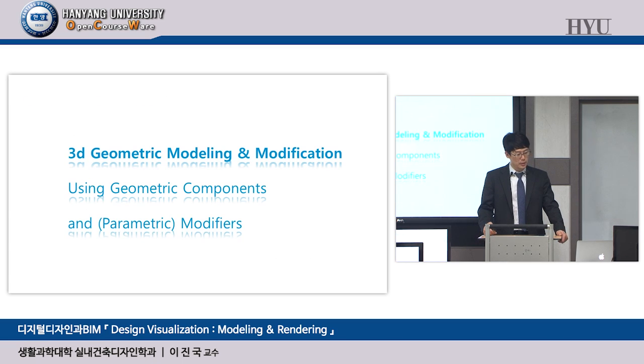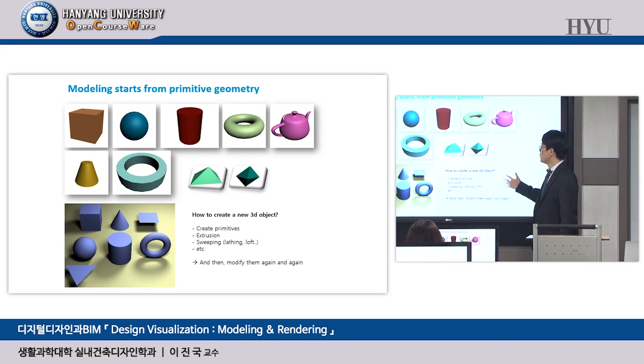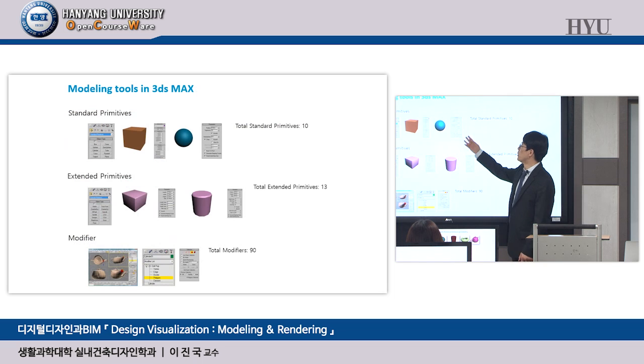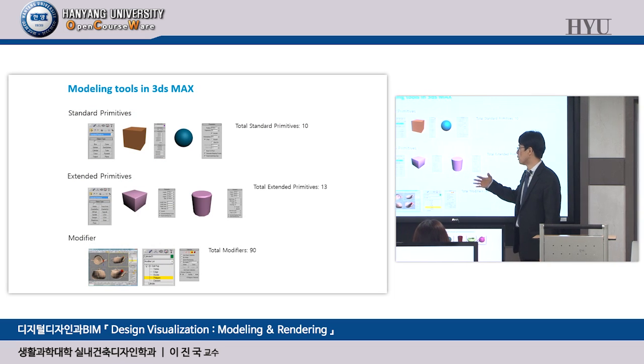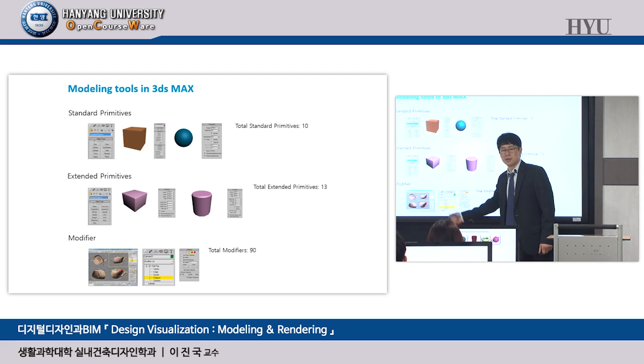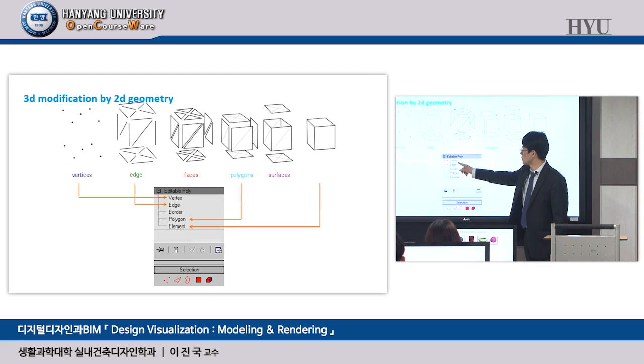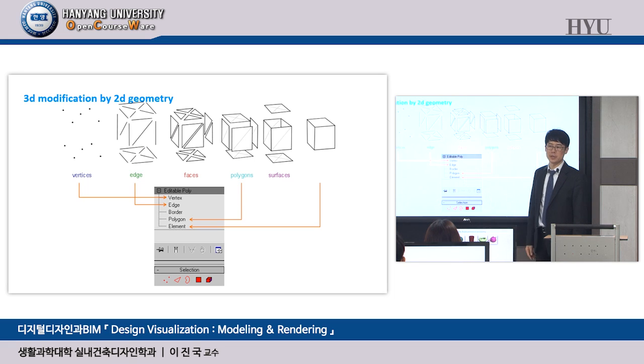3D geometric modeling and modification using geometric components and parametric modifiers. Actually, some primitive geometry here, we used to use those given geometries as well as a number of modifiers or optional modifiers in 3D Max, and the editable poly approach using some controlling subgeometry.